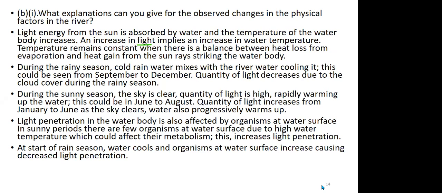So if the graph changed the months, the same explanation would remain for as long as where we see there is little light. Okay, this graph is not necessarily from your area where you're coming from. But at least we know that in our tropical regions we always have rain seasons and dry seasons, and when this is a dry season, there is less cloud cover. I hope I've answered you.